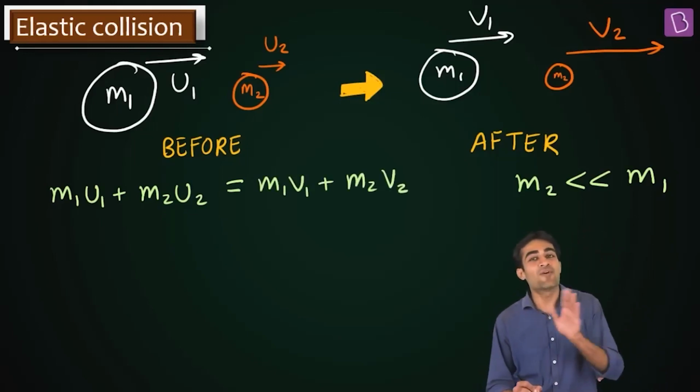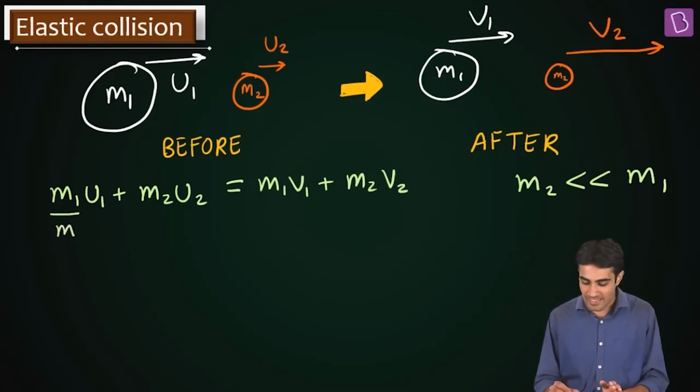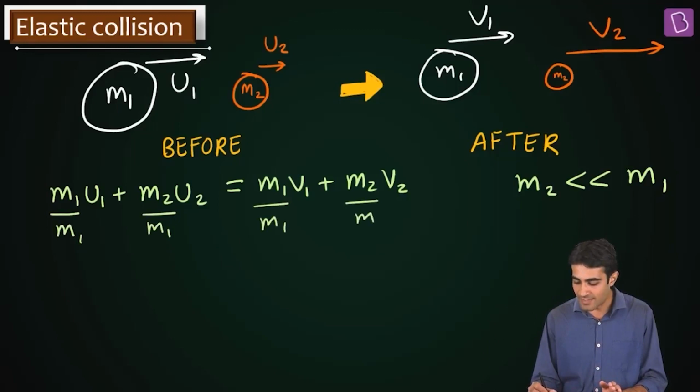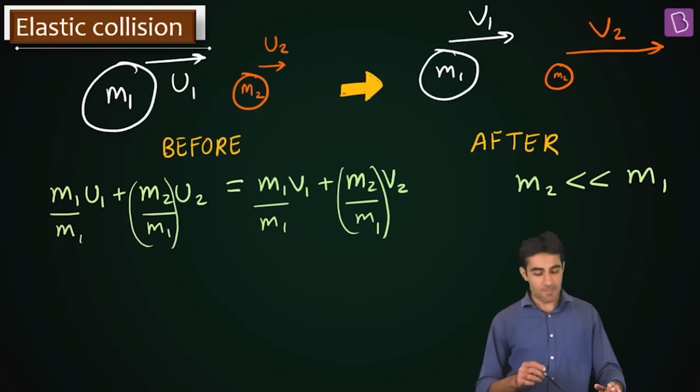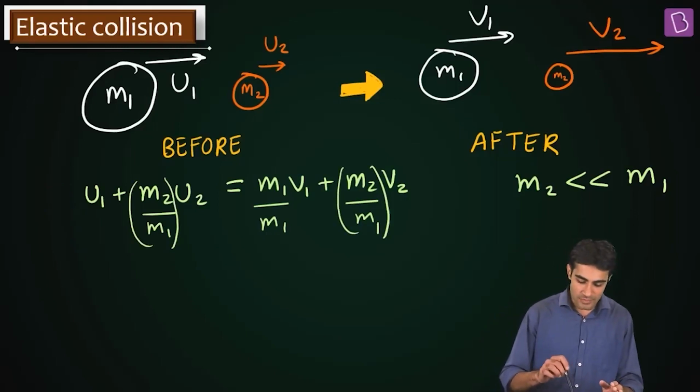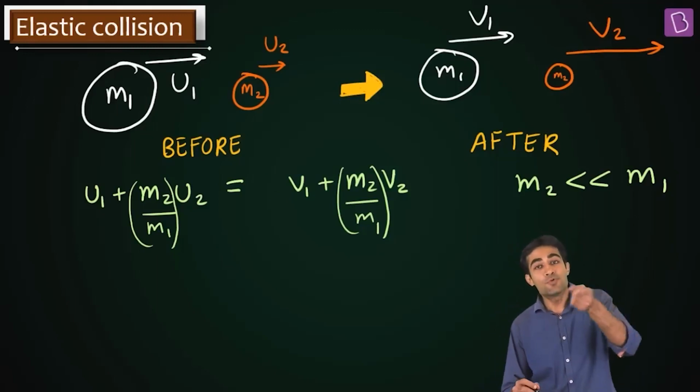Now let's divide everything by m1. So when we divide everything by m1, we get this. Now you can see m1 cancels out. And m2 by m1. What is this ratio? m1 by m1 is actually 1. So let me just erase them. But what about m2 by m1?